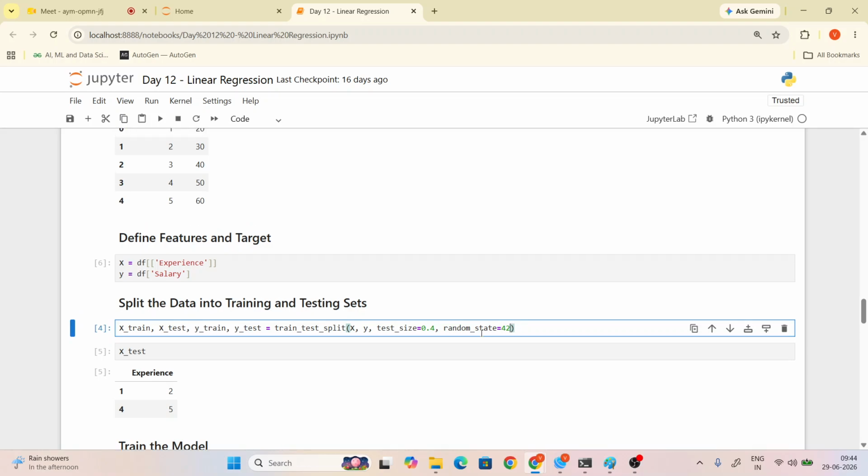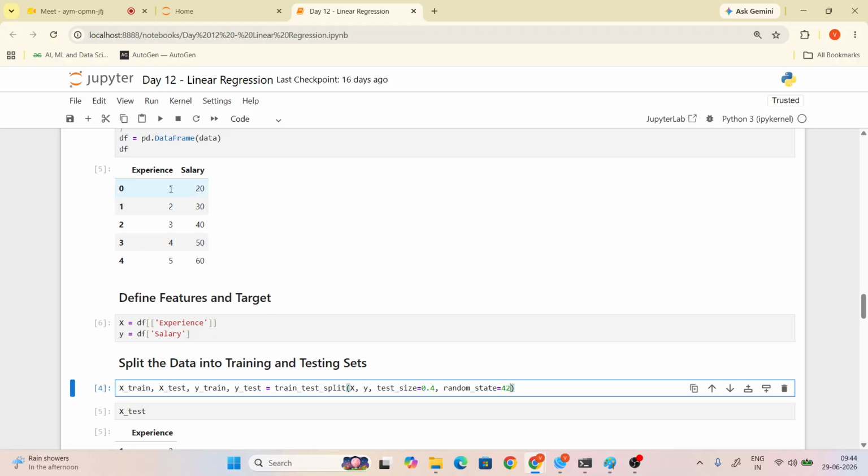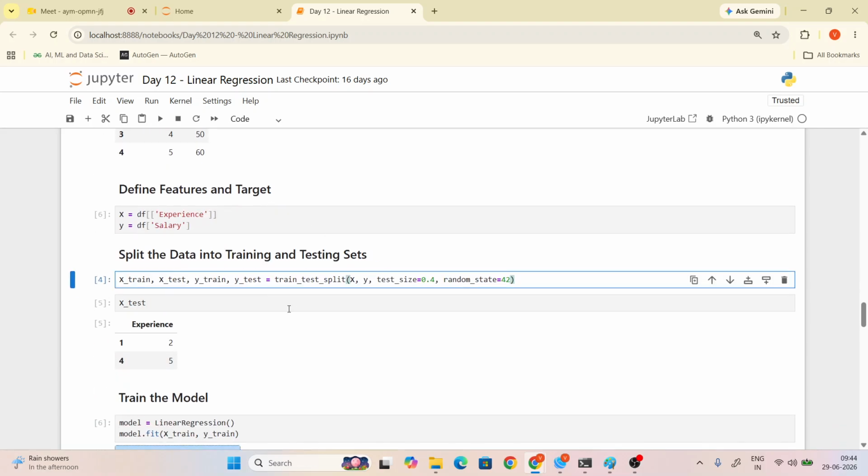So if the count reaches 42, that record goes to the testing set. You just count the numbers up to 42.